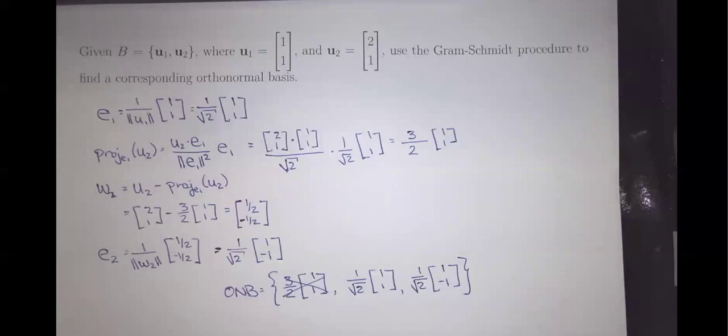And of course, those are unit length. You can see that. And if you draw a quick little graph, you can see that those are also perpendicular to each other.